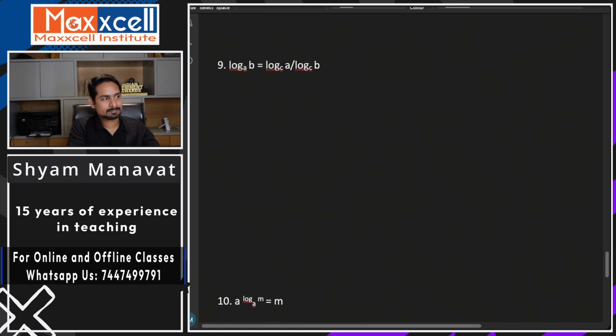Next, property number 9. If you want to introduce a new base in log to simplify it further, then you can write log of b base a as log of b by log of a.